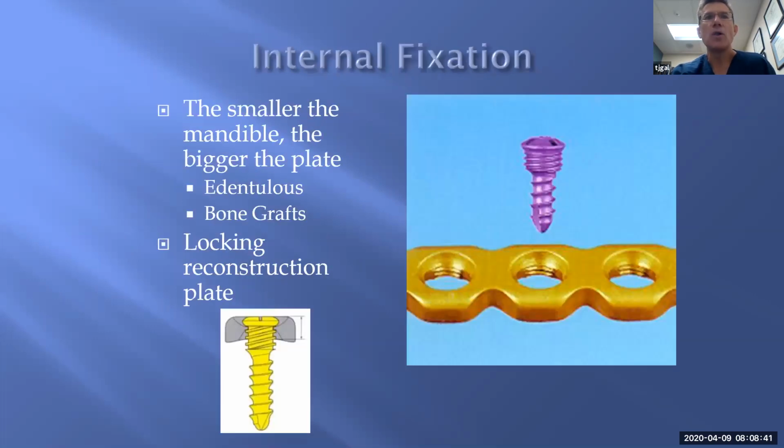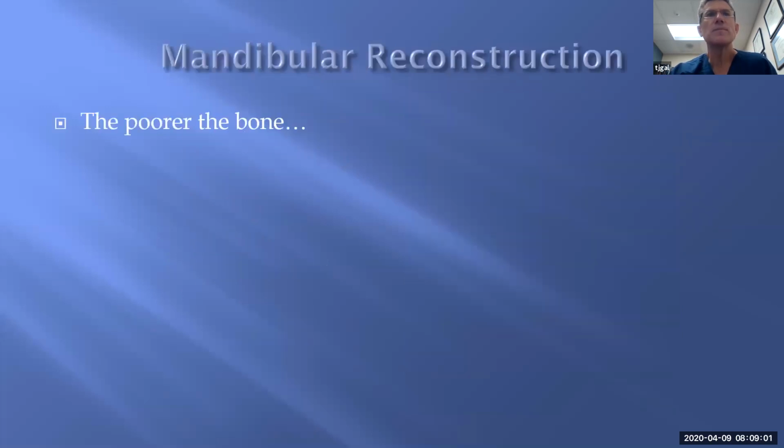And as far as fractures go, same thing goes, particularly with the edentulous mandible. The smaller the mandible, the bigger the plate. Intuitively, you would think a smaller mandible would take a smaller plate, but actually the opposite is true. And these are larger locking reconstruction plates.